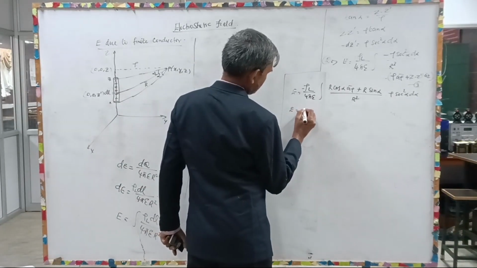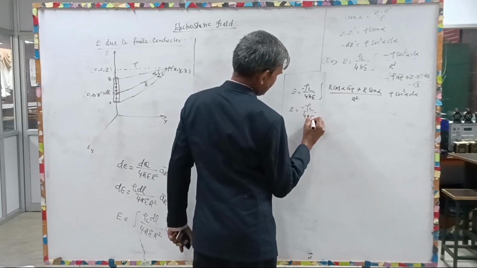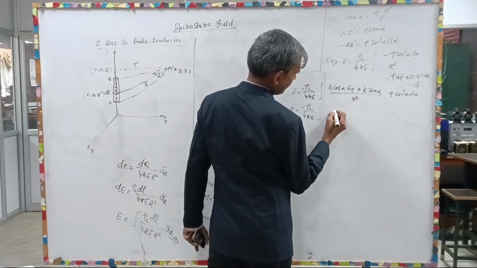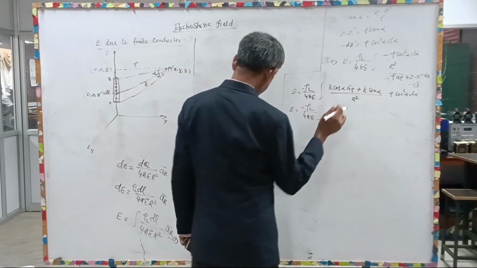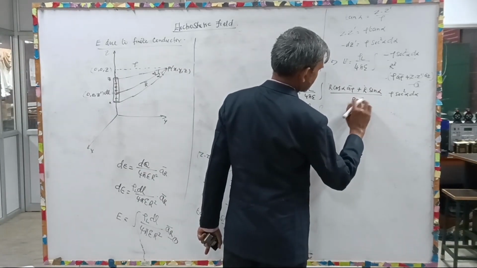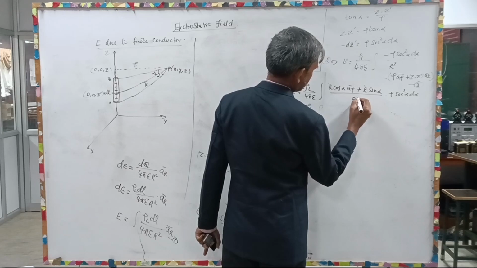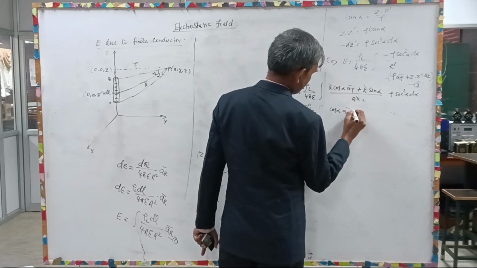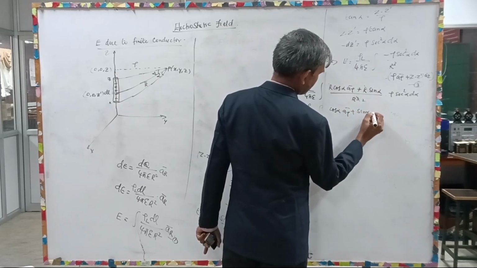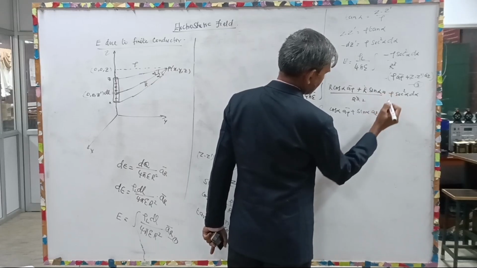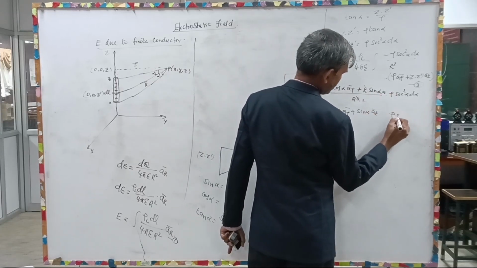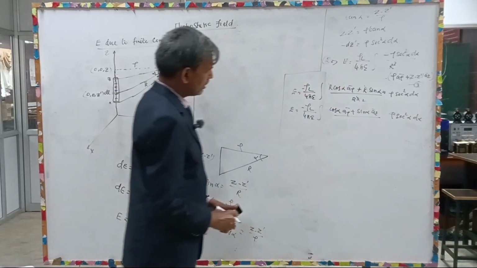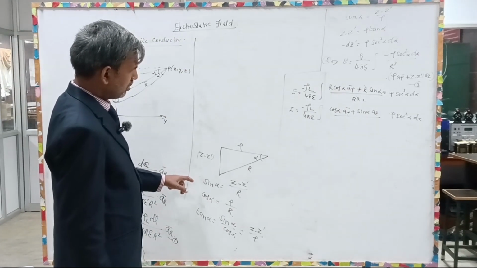So R will be cancelled, R cube and R square, so cos alpha a_rho plus sin alpha a_z into rho secant squared alpha into d alpha divided by R squared.